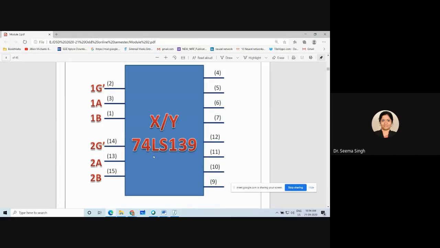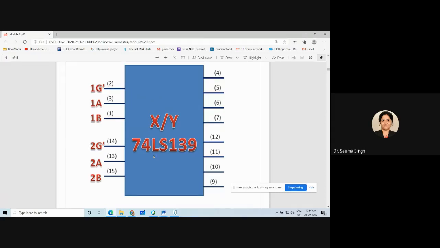The internal diagram you already know, because just now you made one decoder yourself. I hope you had copied when I was making that circuit. So you can imagine what the input, output and internal circuit of this 74139 will be. You should remember this IC name and how it works.